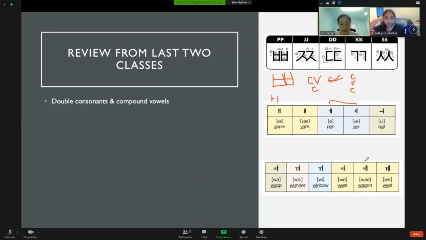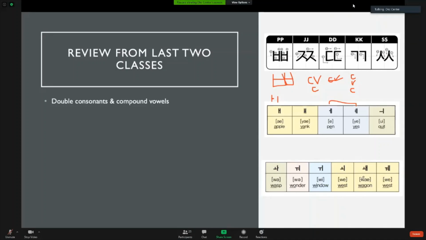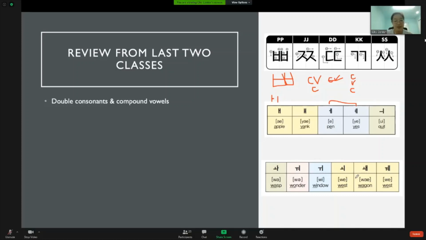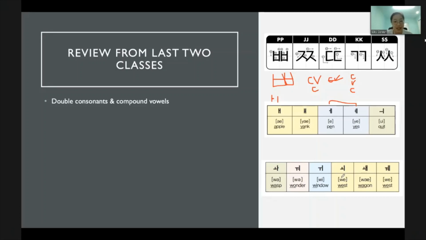And I mentioned that these vowels have very similar sounds. It's like when you spell it in English, there are some different ways you write it. It's the same thing in Korean.